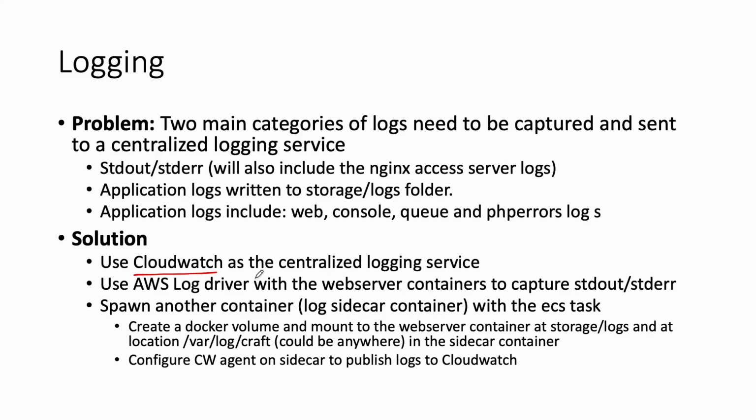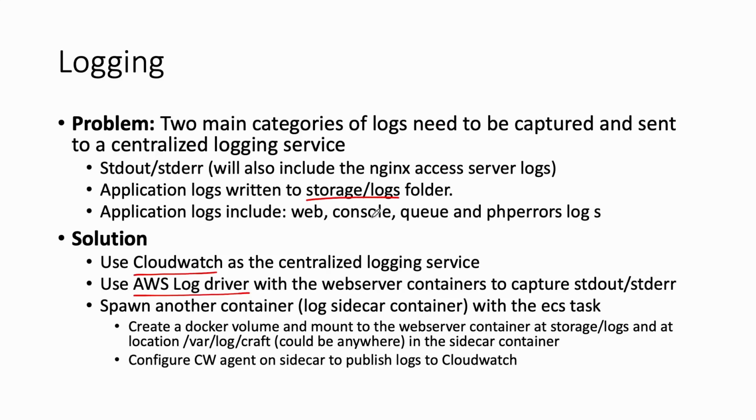To send the stdout and stderr logs, all we need to do is use the AWS log driver with our containers, and that is going to take care of pushing them to CloudWatch. But we need a custom solution for publishing the logs stored in the storage logs folder.